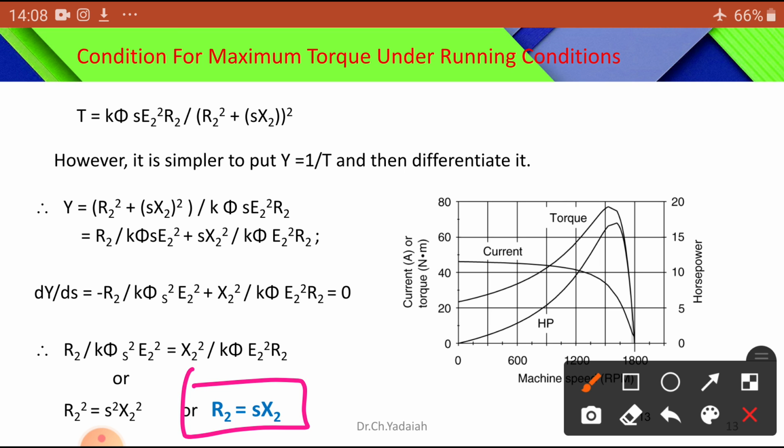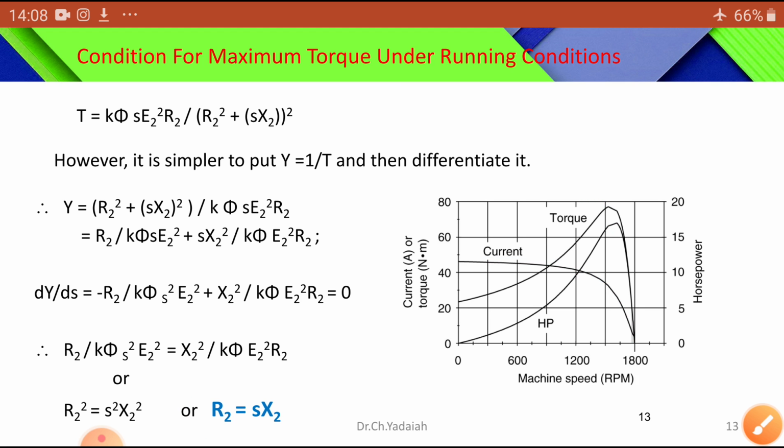You can see how the maximum torque occurs. At that condition the rotor current is going to decrease. Initially the current is more, and when the speed increases, the rotor current also decreases. That is the thing you have to remember.